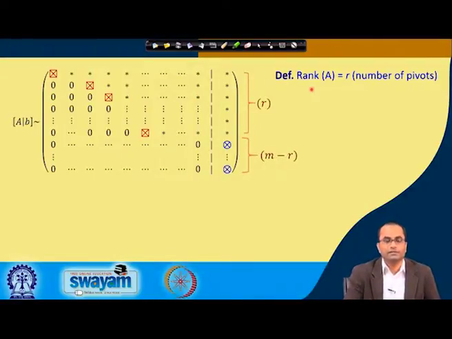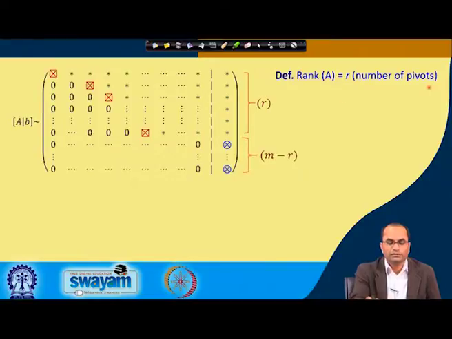There are many other definitions, but this is one of them: the rank of a matrix is defined as the number of pivots. Later we will observe an alternate definition that leads back to this, that rank A is equal to precisely this number of pivots, and that is why the number of pivots and the identification of pivot elements are very important. So, the rank of the matrix, another very important concept, is defined as this number r, which is the number of the pivots.